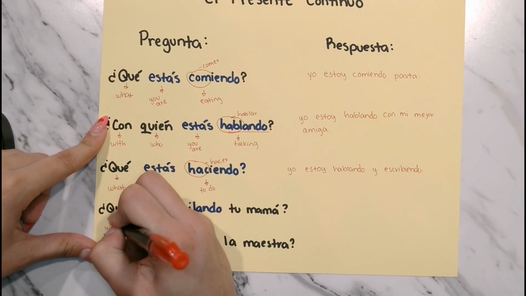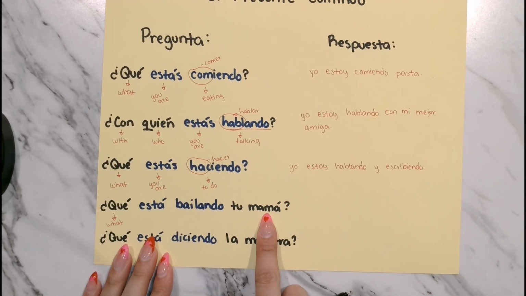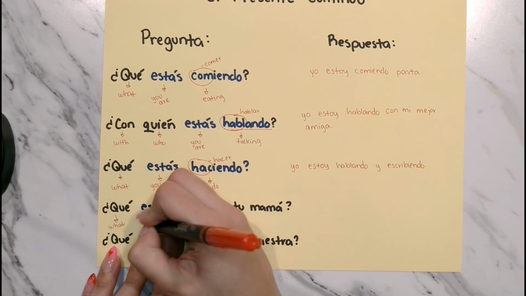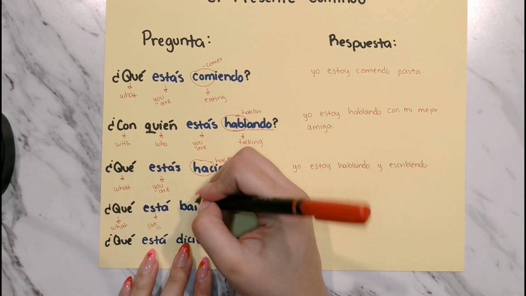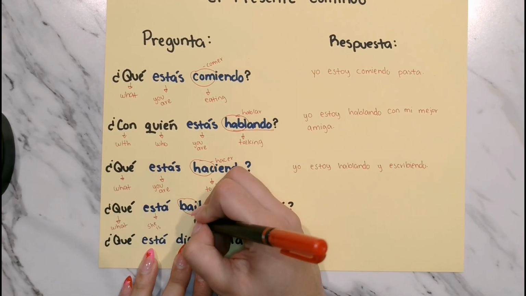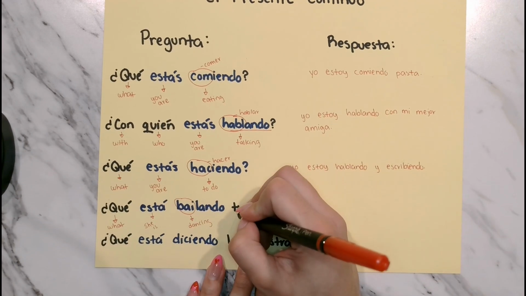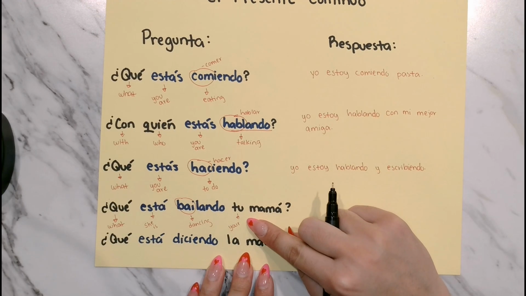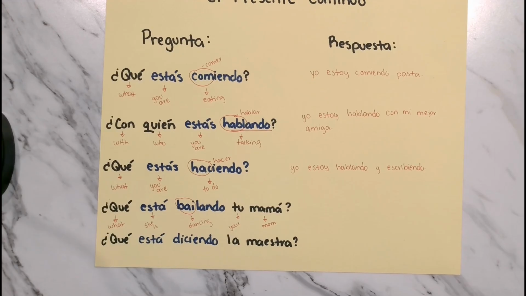¿Qué está bailando tu mamá? What? Now, está is in the third person, okay? Which, because we're talking about mama, we know it's a female, okay? So this is translated to she is, okay? Bailando. We have dancing. We have your, because it does not have an accent, so it is not you, it is your. And then we have mom. Okay?